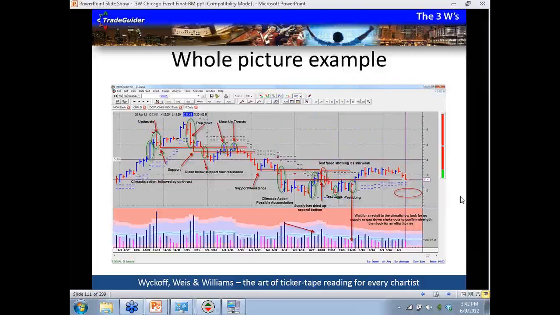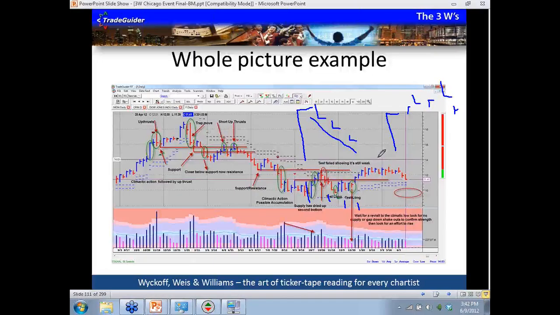Or is it lightening up and going sideways and doing this kind of thing? It's kind of sideways, choppy, light volume up bars, up thrusting. That's going to give you a sign that it's probably going to roll over. Yeah, that's two specific things to really look for.